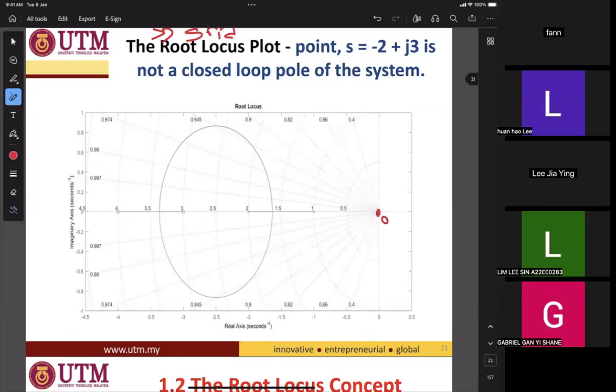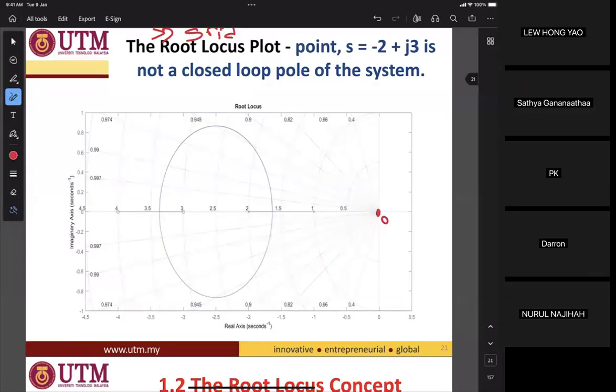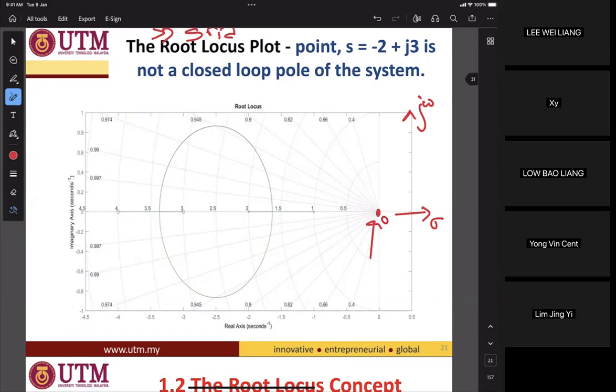Root locus, wrong. The zero, what is its name? Darren? This point, the name. Zero, no, 0. Origin. Origin.